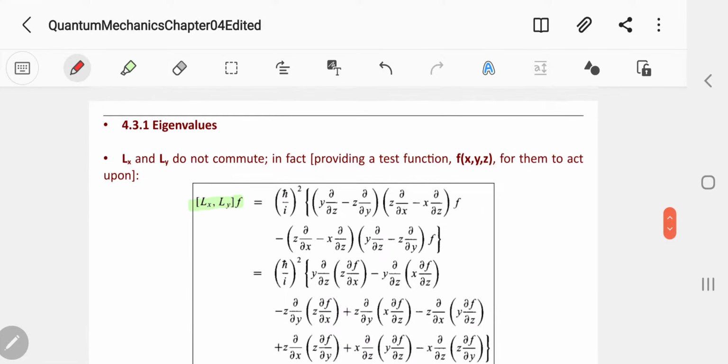So let's check. This is Lx, and this is Ly. So we can operate the partial derivatives on f, and the f would also go here.